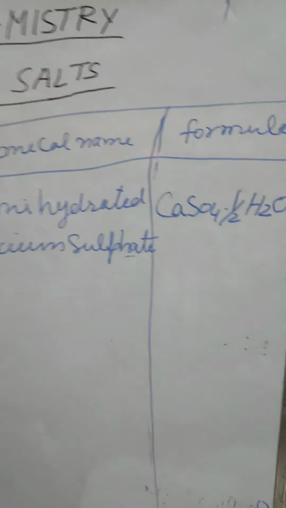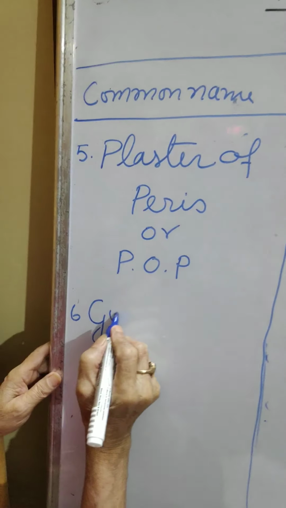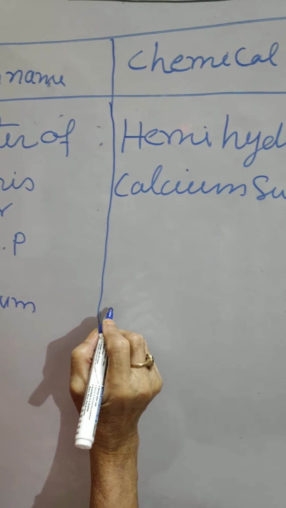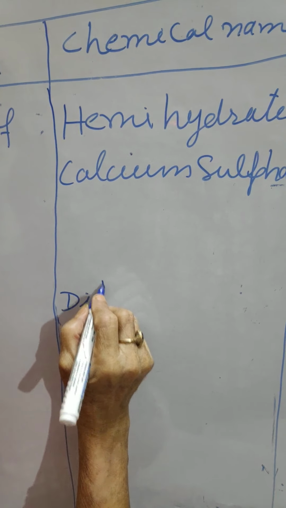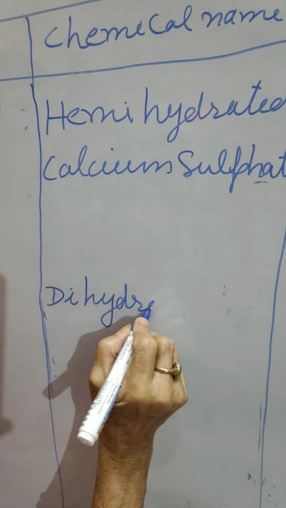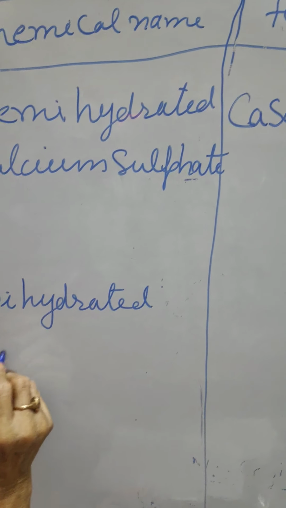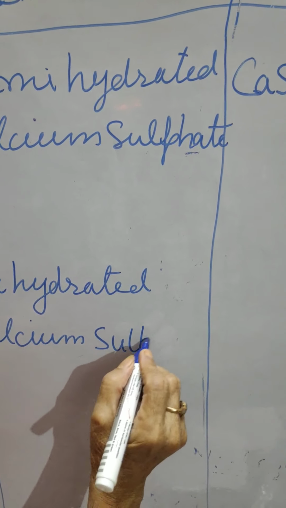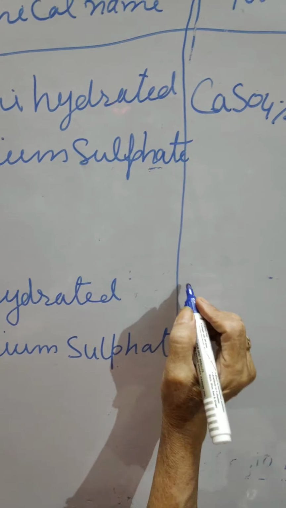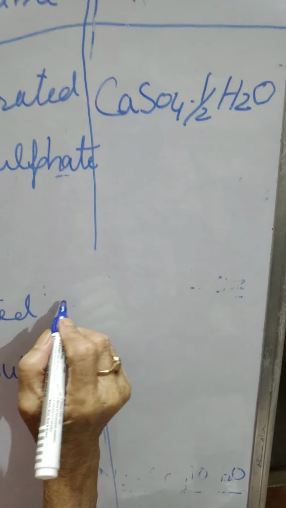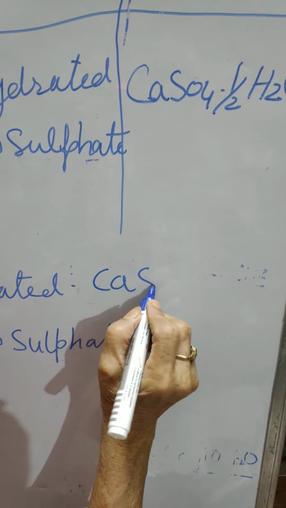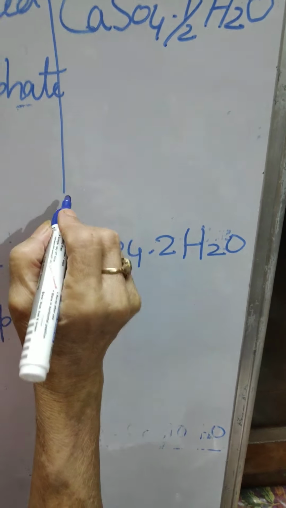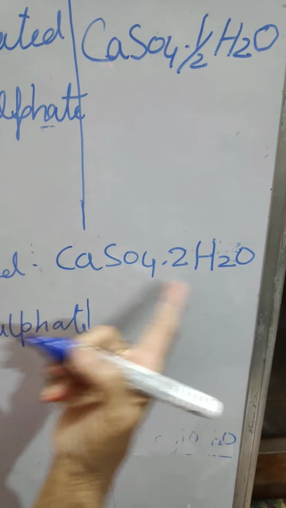Now the sixth one is gypsum, dihydrated calcium sulfate, that is CaSO4.2H2O. This is also a hydrated compound.